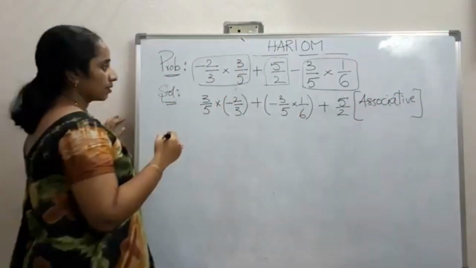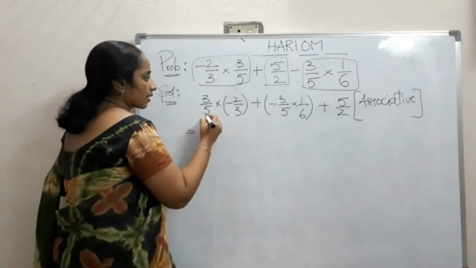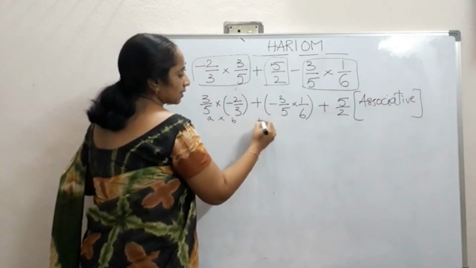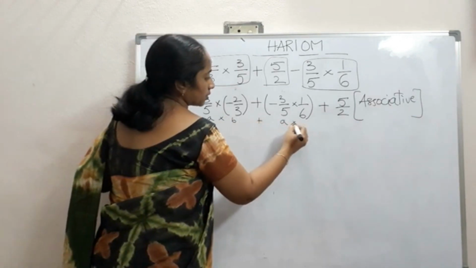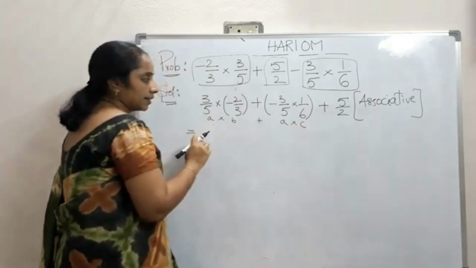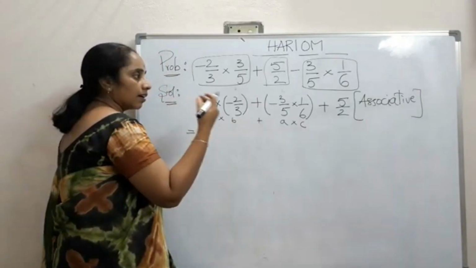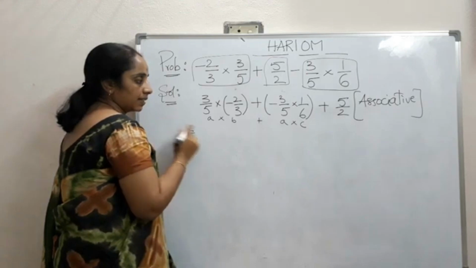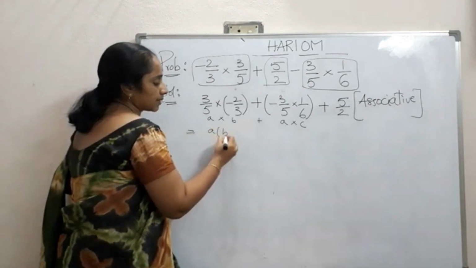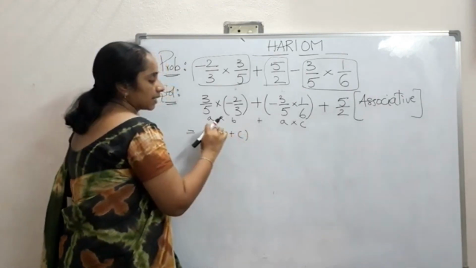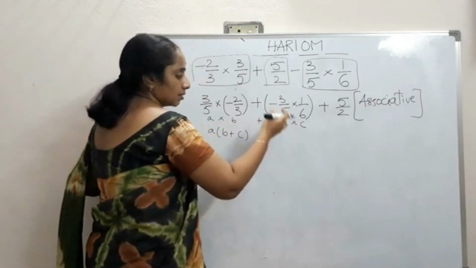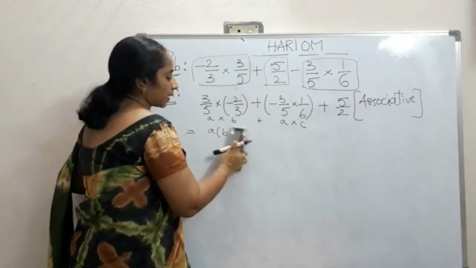Next, here A into B plus A into C. It is in distributive property. Observe on the left side it is A into B plus C. On the right hand side you get A into B plus A into C. Now we are going to apply the same.